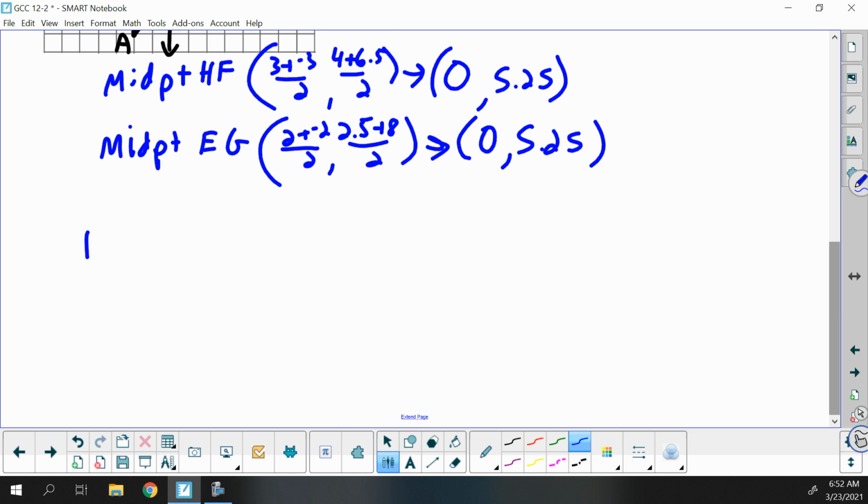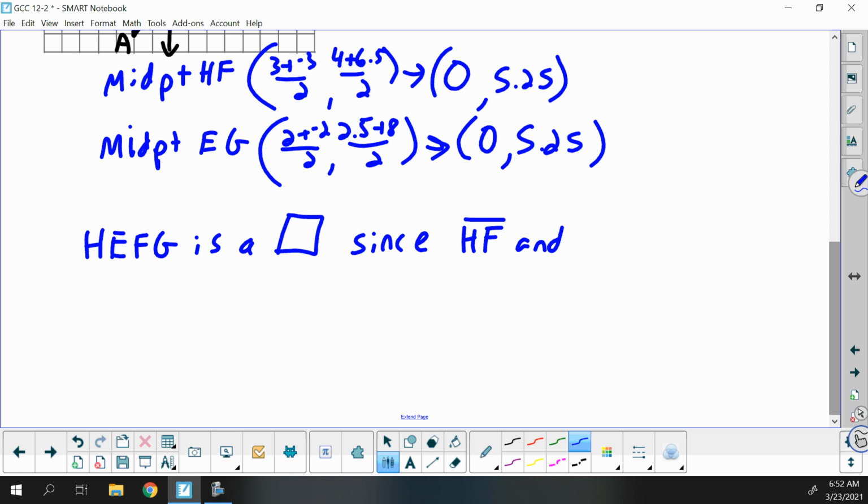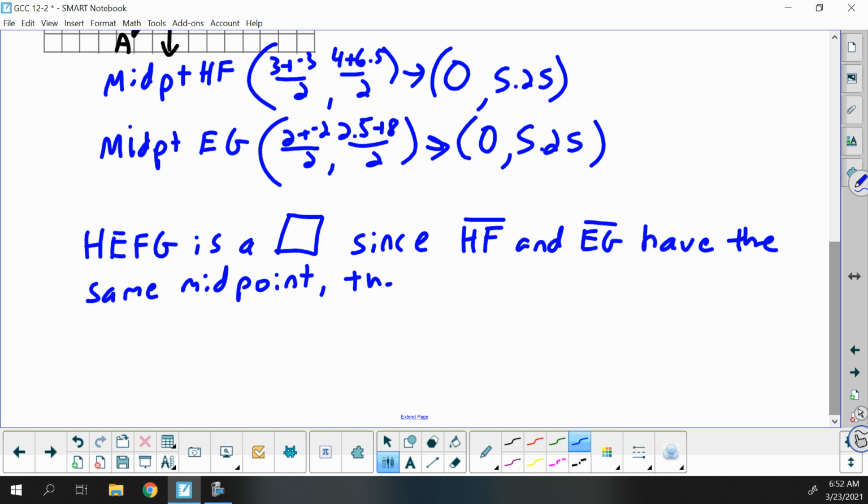So we'll say that HEFG is a parallelogram. So state what your conclusion is, and then we've got to state why. So we need to either say since or because. Since HF and EG have the same midpoint, they bisect each other.